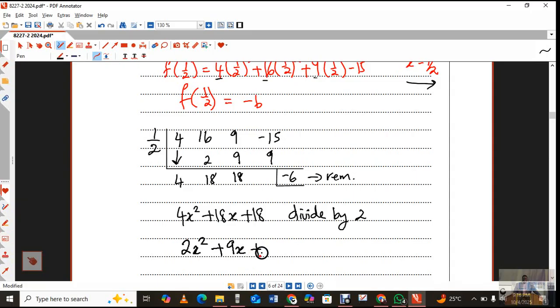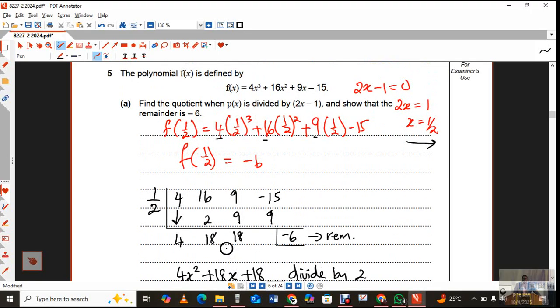I have done this also in my previous videos. So half of 4x squared is 2x squared, half of 18x is 9x, and half of 18 is 9. And then we also know that our remainder is negative 6. So this is our quotient that we were supposed to find.